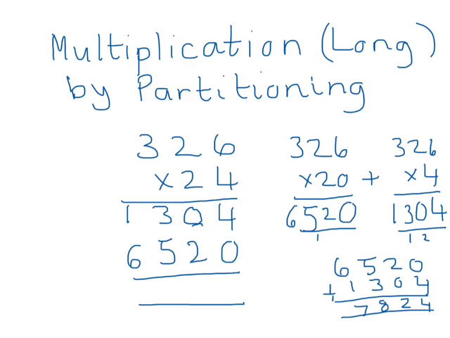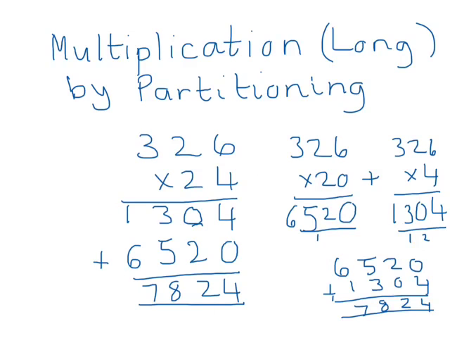And it's very important that you write the digits under each other in the correct houses. And at the end, we just add them together. 4, 2, 8, 7. 326 times 24 is 7,824. These are exactly the same. It's just doing it in 3 different stages or doing the 3 stages in the one.